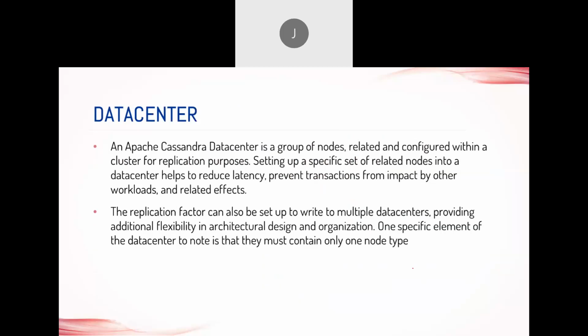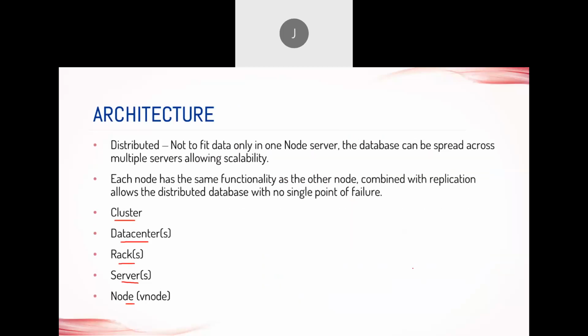A cluster is nothing but multiple nodes together. I told you that yesterday itself. Cassandra combines multiple nodes together, and that is a cluster. You can imagine one cluster and another cluster, and they form a ring-like structure, connected together.